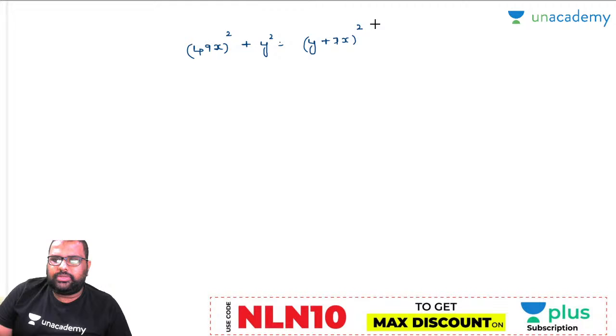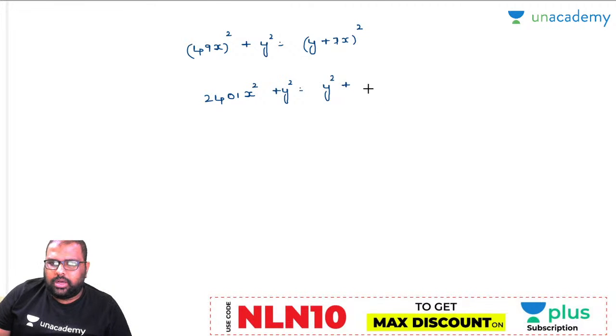Now simplify this, you will get the answer there. 49x whole square is nothing but 2401x square, that everybody knows. So 2401x square plus y square is equal to y square plus how much is this? 49x square plus 2 sevens are 14xy. I think I am clear.